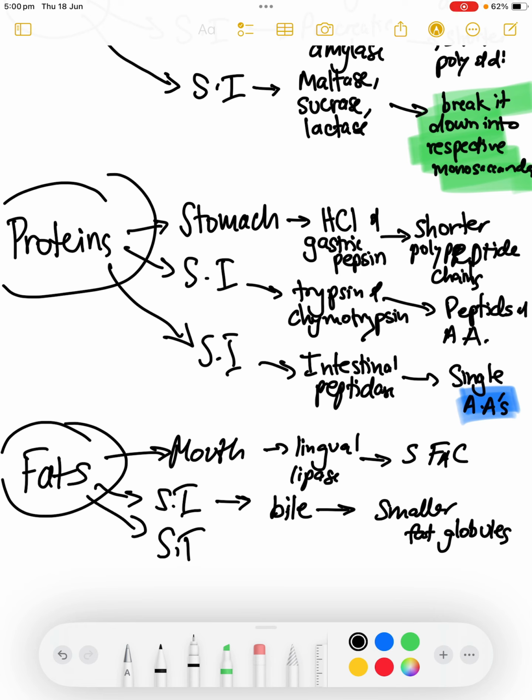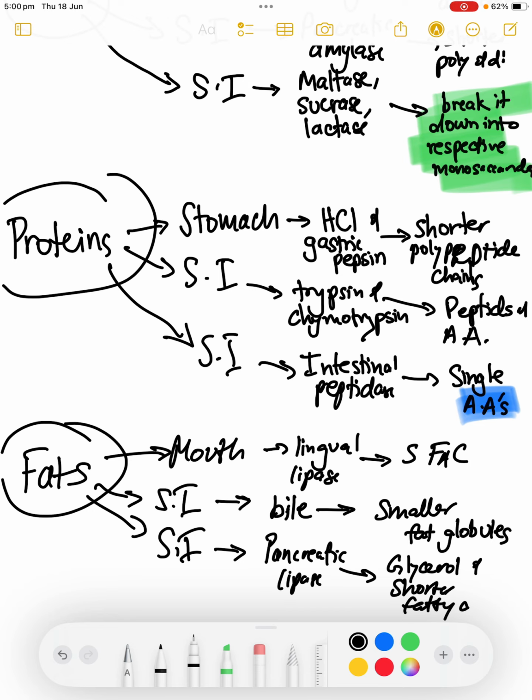Next, we also have the small intestines again, and we have pancreatic lipase, which breaks it down into glycerol and shorter fatty acids, which are then directly absorbed into the bloodstream.